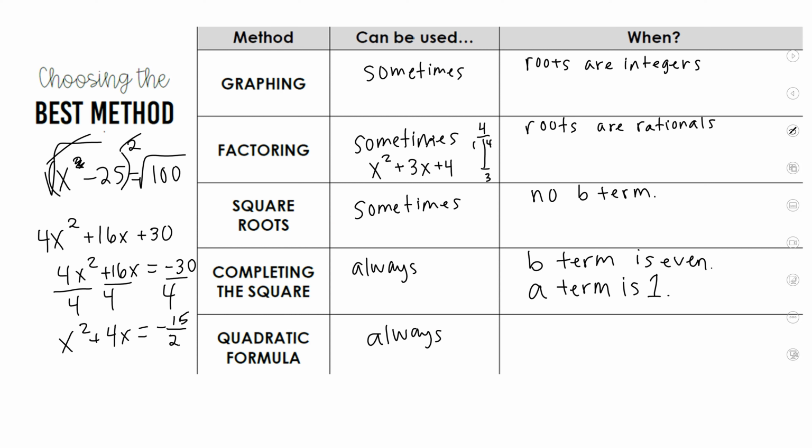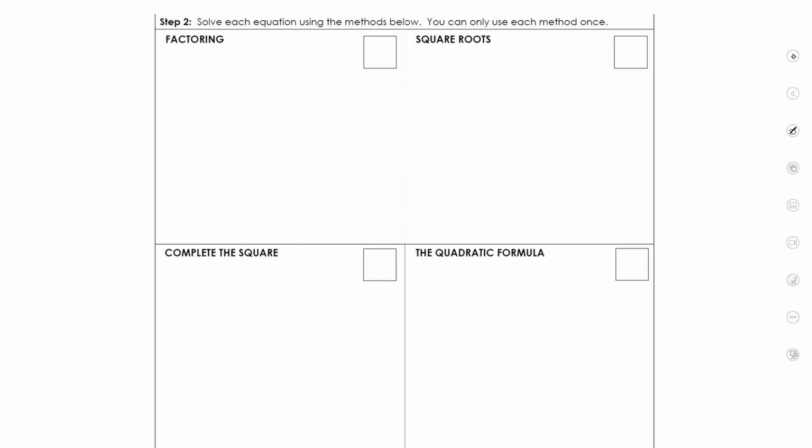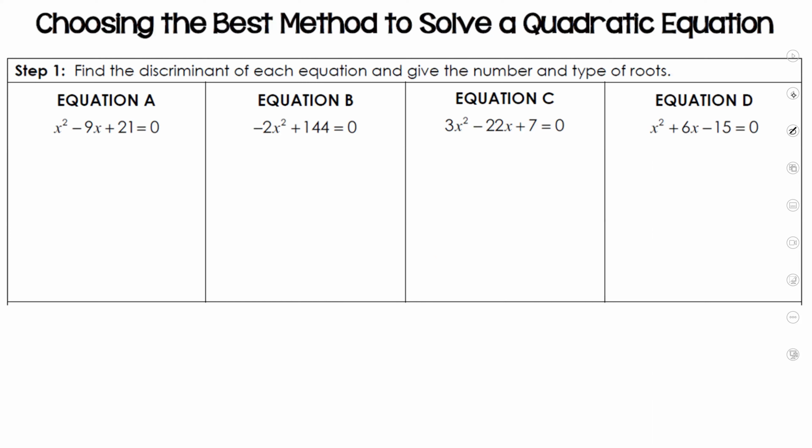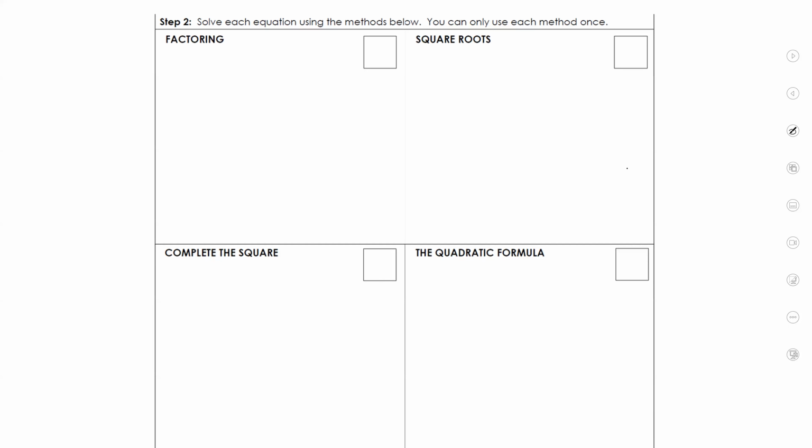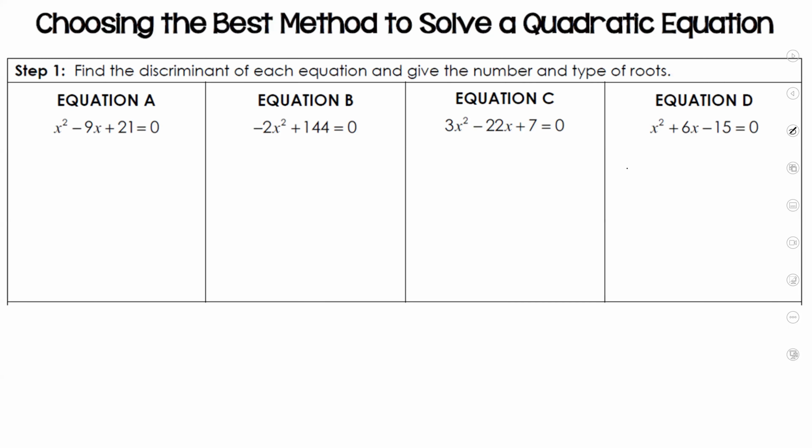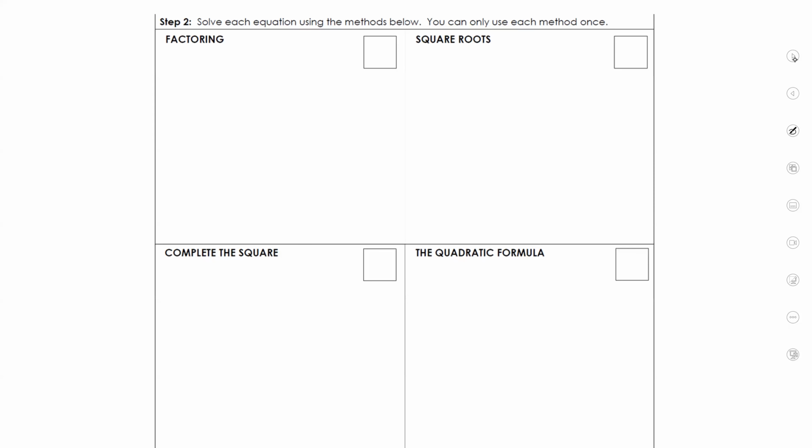So having that in mind, I want you guys to think about which equation out of these 4 would best work with completing the square, okay? I'm gonna pause here. Okay, so for factoring, out of those 4 equations, equation C works best for factoring.